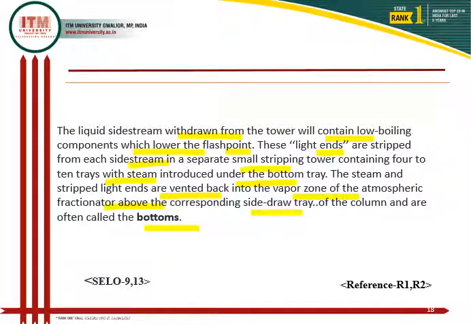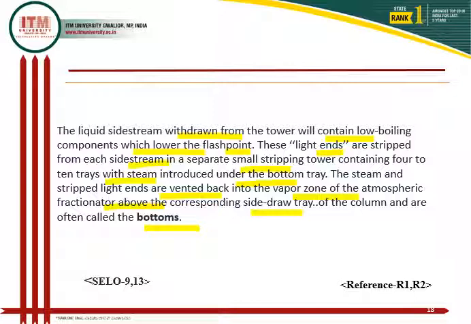So this whole part is the bottom portion of the distillation column, that is the stripping section. The lighter fractions separating from each side stream in a stripping tower also have a separate 4 to 10 trays.